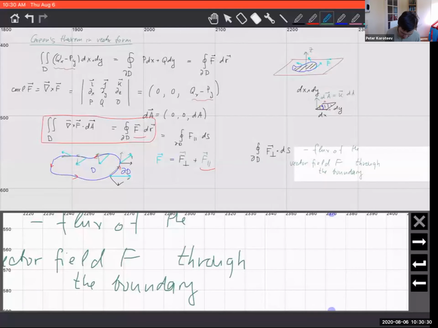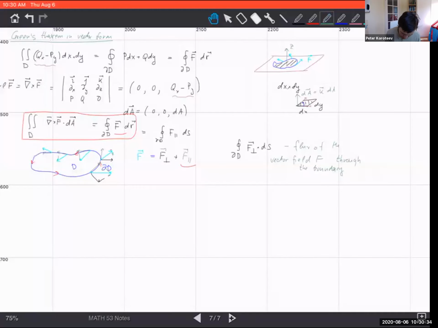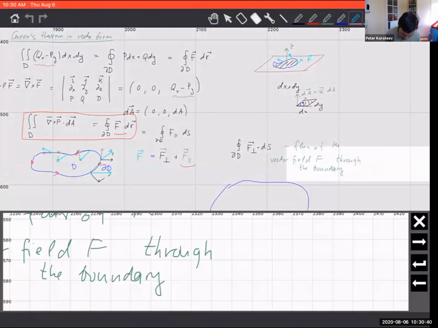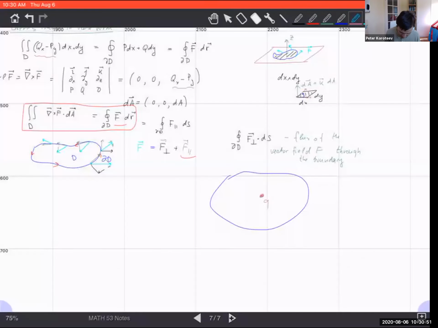So here's another picture for it. There's a boundary, and the cleanest example is a charge inside. So there's an electric charge Q, a positive charge, and we live on the plane, and there are electric field lines that emanate from it.